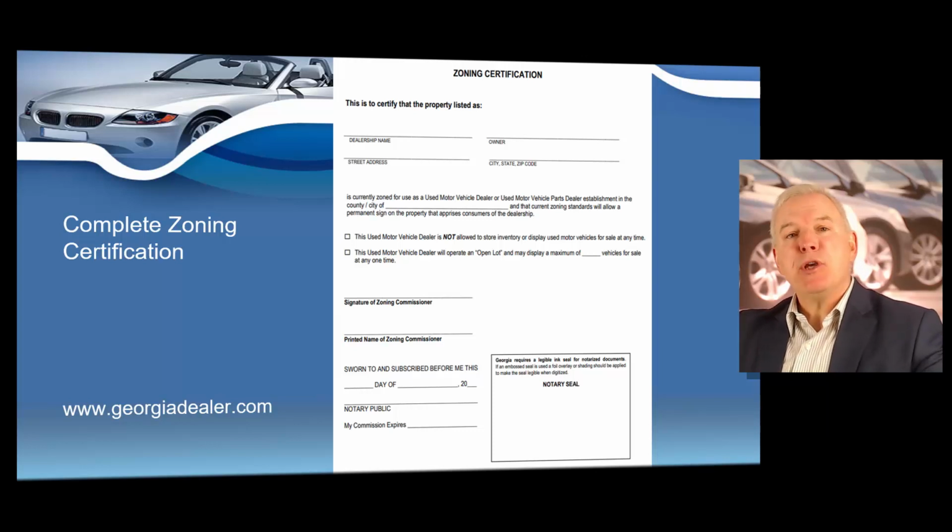This form shows the board that the building that you're going to use for your dealership and where you'll have your dealer's license meets all local zoning requirements. Remember, you cannot have an area in a dealership that is not zoned for the operation of a dealership. The building must be zoned to allow the sale of motor vehicles. This form must be notarized as well.